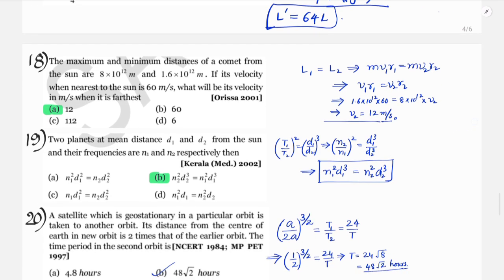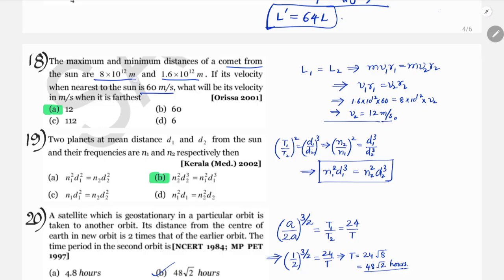Next, problem number 18. This is again about the conservation of angular momentum. See, the maximum and minimum distances of a comet from the sun are 8 into 10 power 12 meters and 1.6 into 10 power 12 meters. If its velocity when nearest to the sun is 60 meters per second. Nearest to the sun the velocity is more.